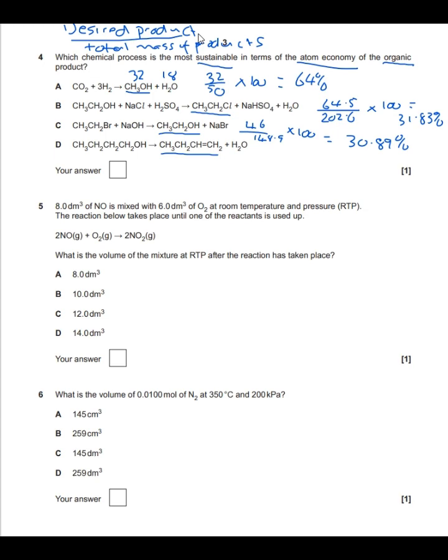And in the last one, we're going to work out the mass of our organic product. So our organic product here, this alkene, has a mass of 48.8, and then we've got water, which is 18.